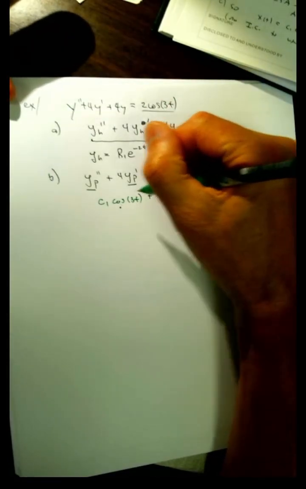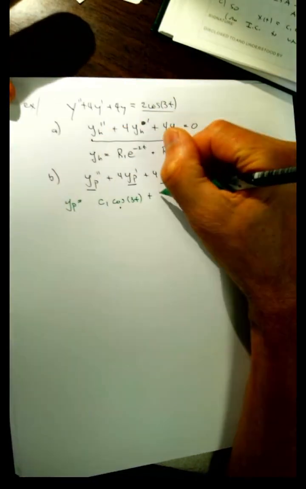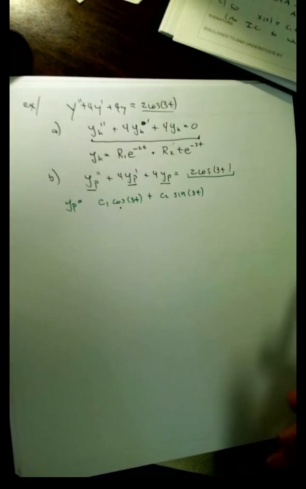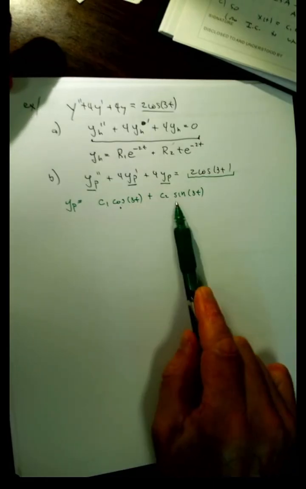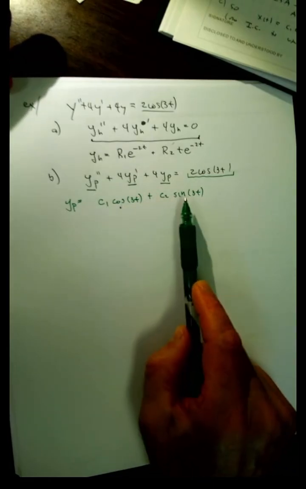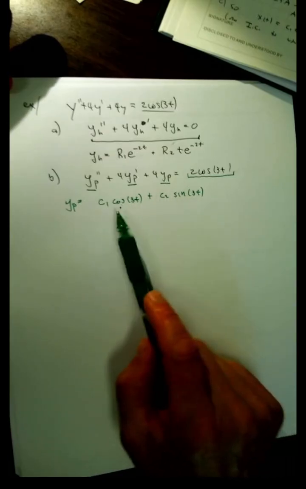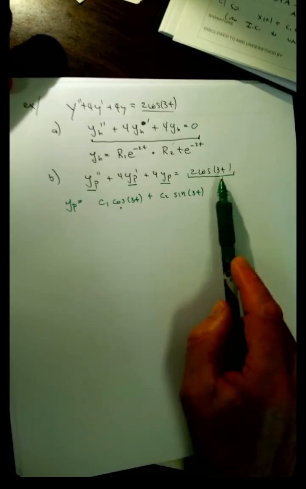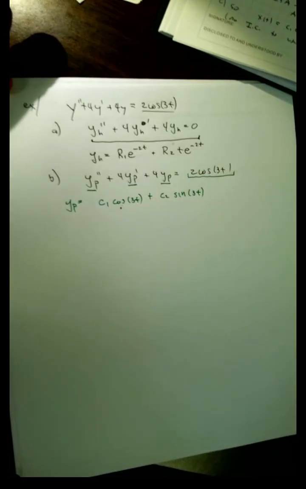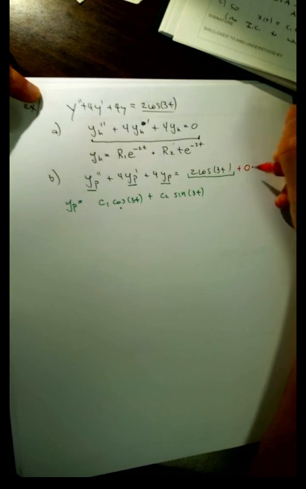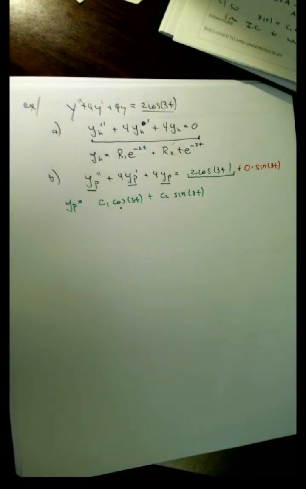So for my particular solution, I'm going to include a sine 3t term. The reason being, if I take this function and I take derivatives, I'm going to keep getting cosine 3t's and sine 3t's all hanging out, and I want to make this go away. And what I'm thinking is I can think of the right-hand side as 0 times sine of 3t.